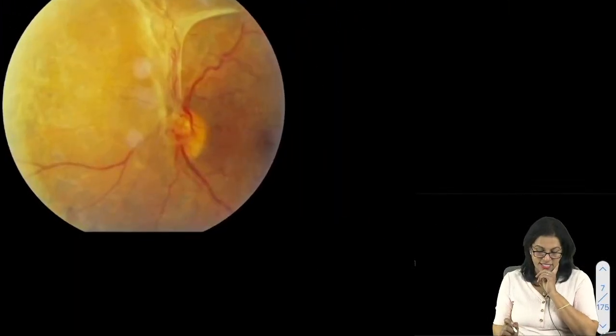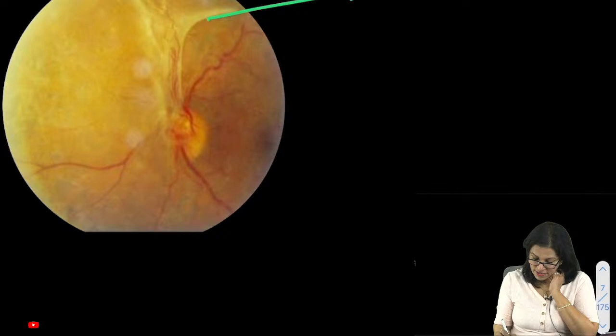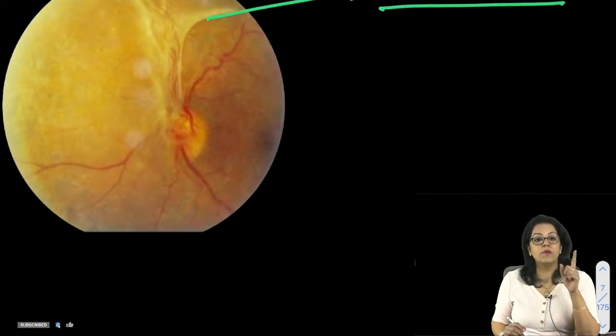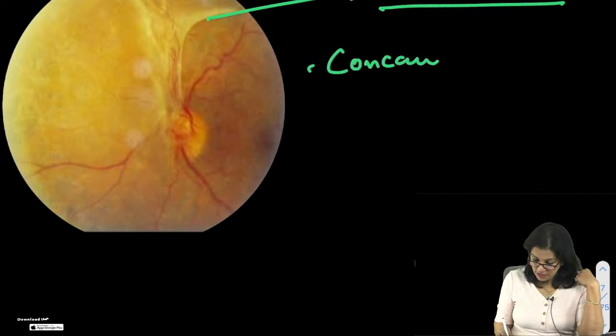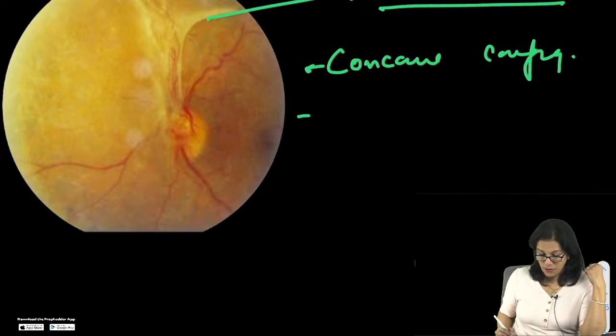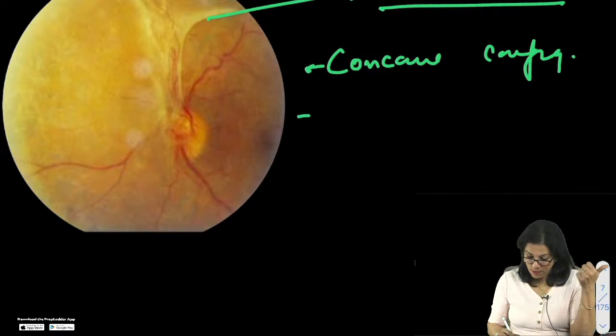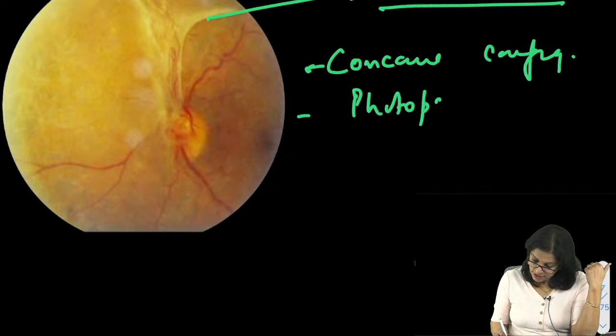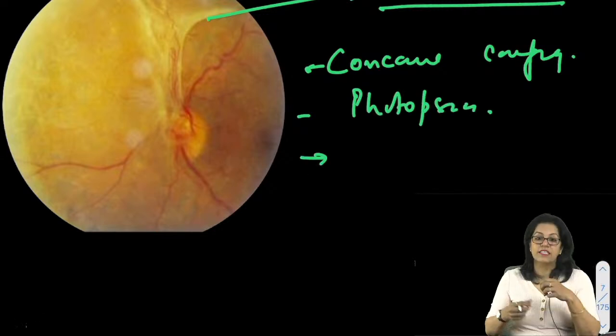This one is tractional. I think now everybody remembers this is a tractional retinal detachment and you can see the traction bands. What are the points we will remember in this one? It is concave in configuration. Okay? Concave configuration. You will get photopsia. You may get floaters if it is leading to tear formation.